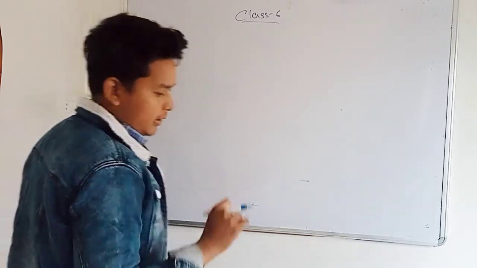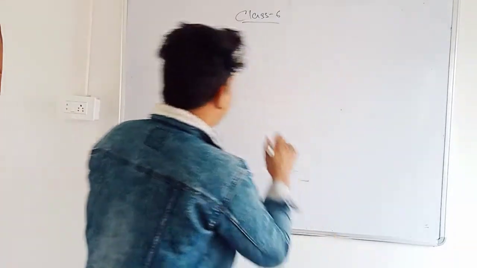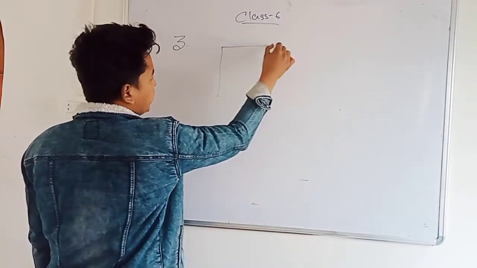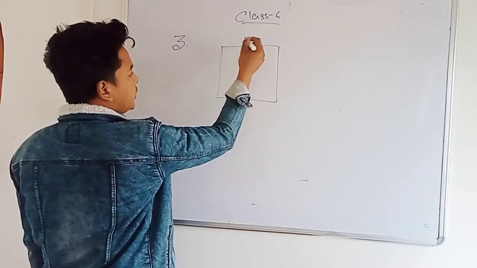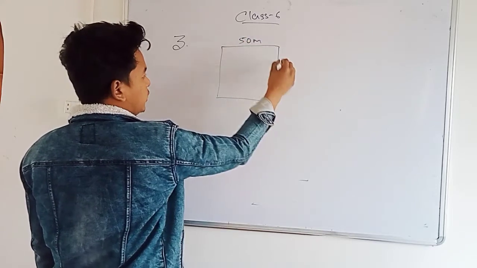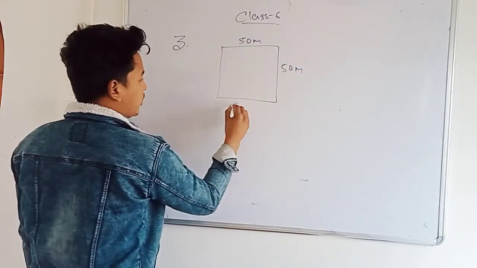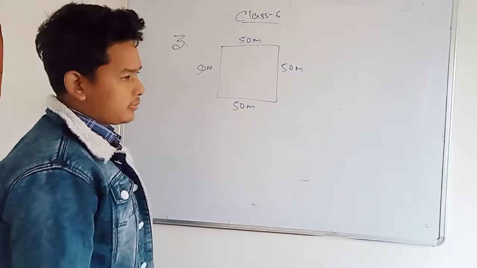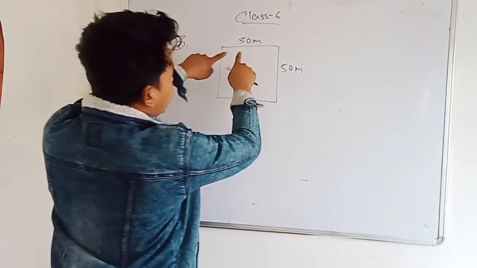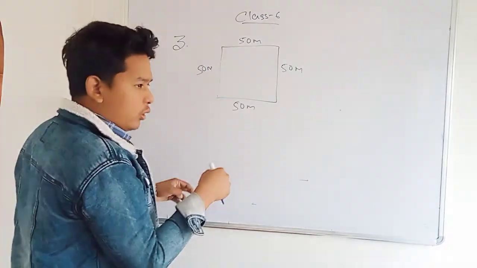So they are putting a boundary of wire. Now the figure that is given to you is a square, and the length of the side is 50 meter. So this will also be 50 meter, this will also be 50 meter, this will also be 50 meter. Now the boundary fence you will put on the boundary only, not inside your home, right?